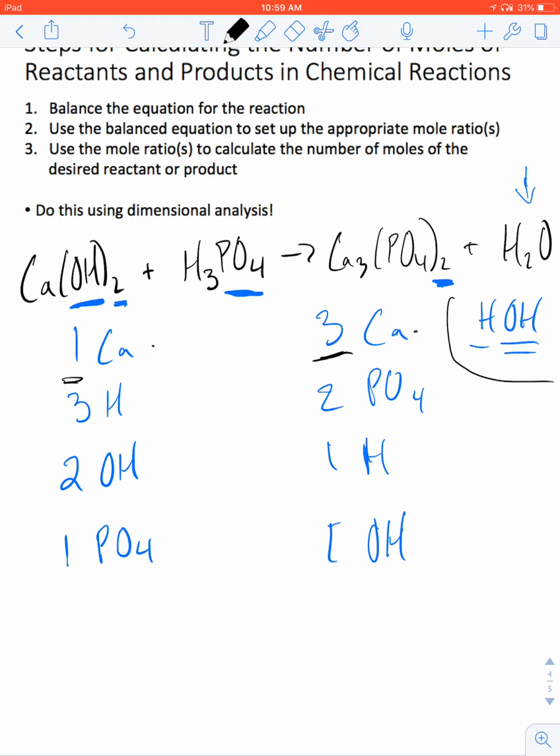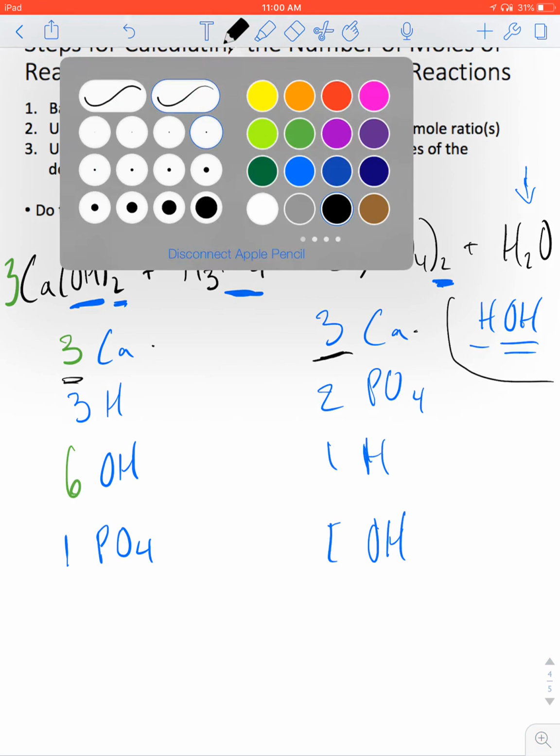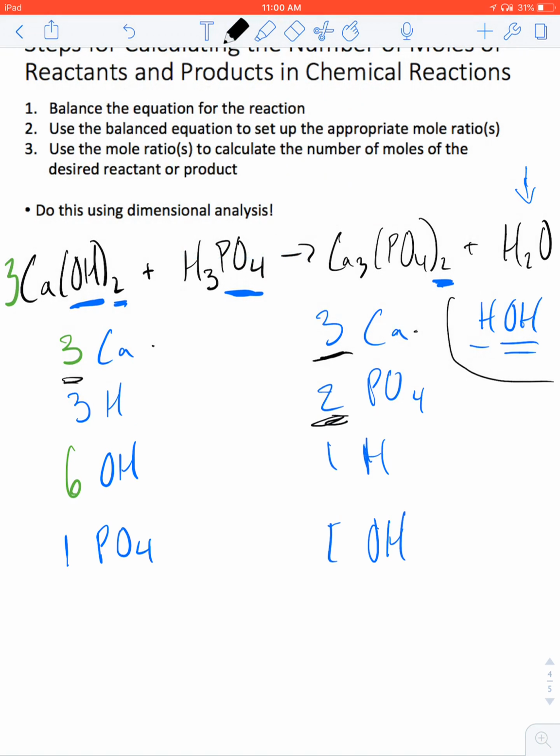So let's go ahead and put a 3 in front of calcium hydroxide, which will make 3 calciums, and that's also going to change the number of hydroxides to 3 times 2, 6 hydroxides. Okay, so that's good with calcium. Let's move on to phosphate now. Phosphate on the right side, there's 2. On the left side, there's 1.